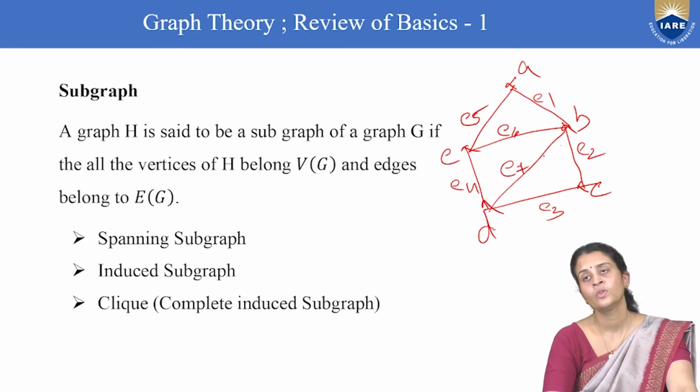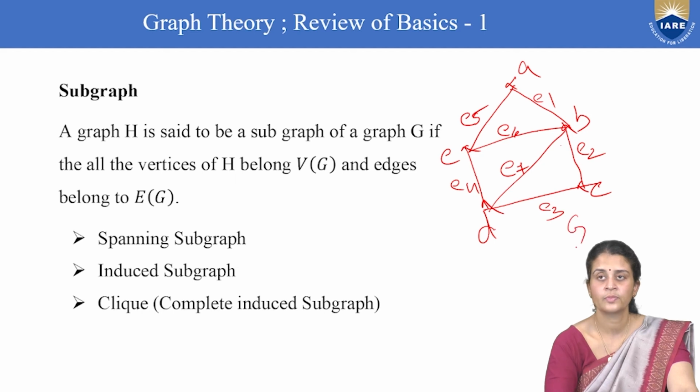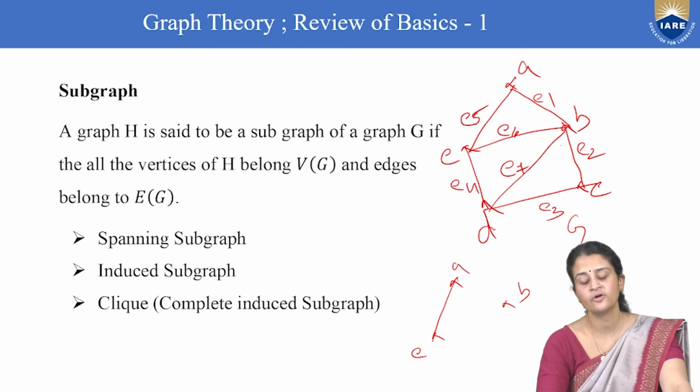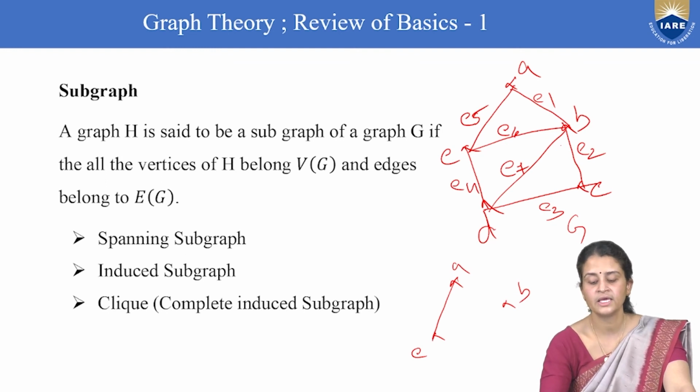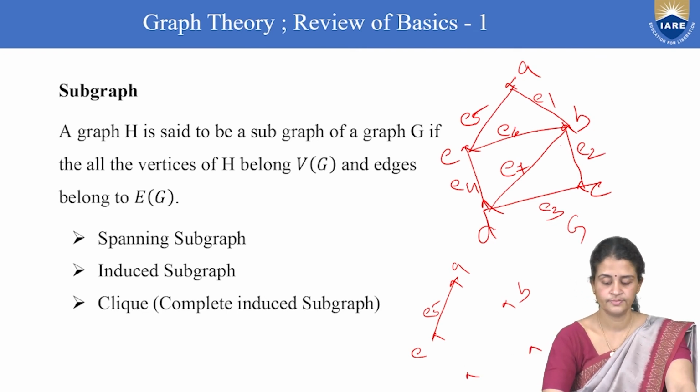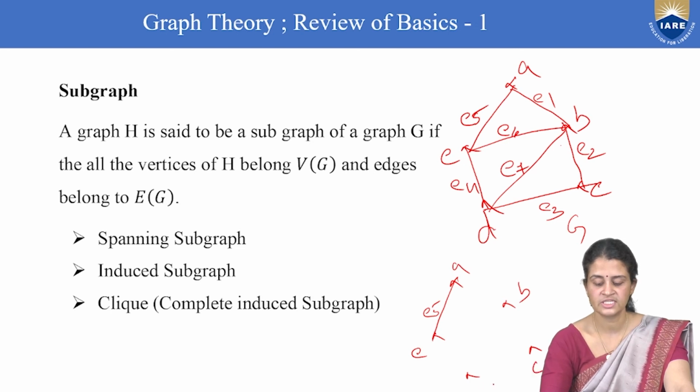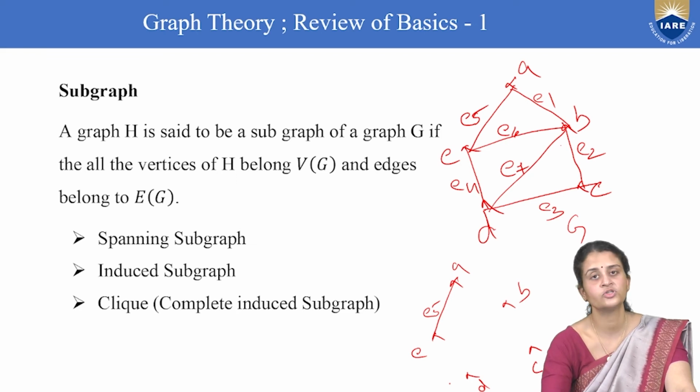So if it is G, then I can draw a subgraph with vertices A, B, E like this. This is a subgraph with vertices A, B, E and edge E5. Okay, this is a subgraph of G with these vertices. This is also a subgraph of this graph G. Okay, this with vertices C, D is also a subgraph of the original graph.